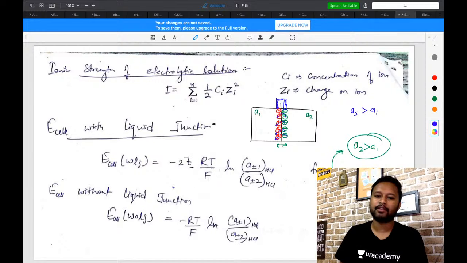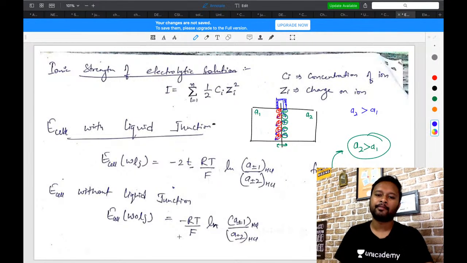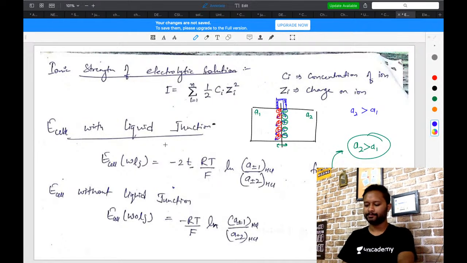The same thing is there, the only difference is that you don't have this 2t minus, so the transport number is gone, because now the ions are not going to play much role over here, because the ions have been neutralized by this salt bridge. So that's the difference between with liquid junction and without liquid junction.